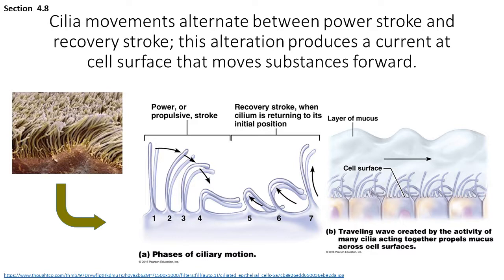So they fold down, power stroke, and then they flip back up. This alternation produces a current at the cell surface that moves substances along the surface in a forward direction.